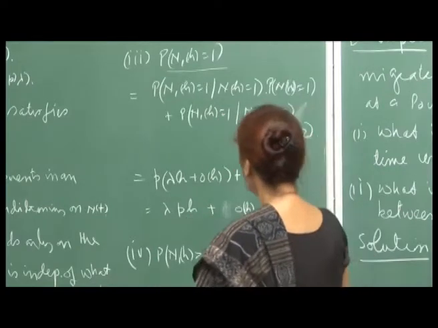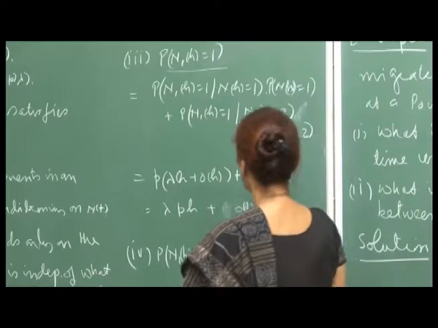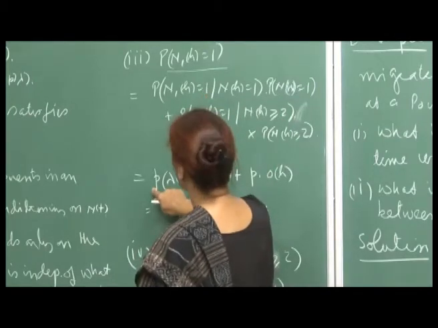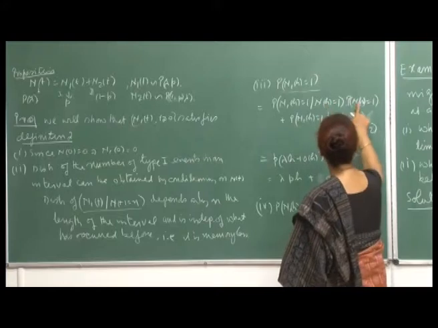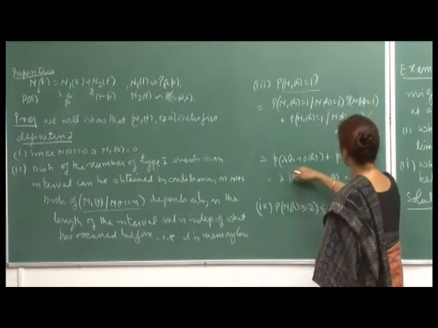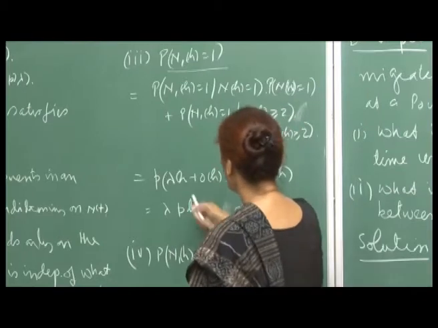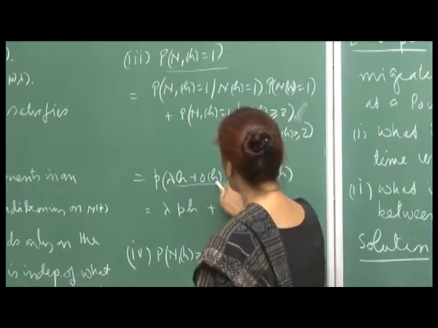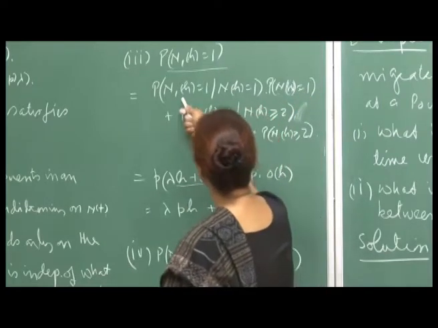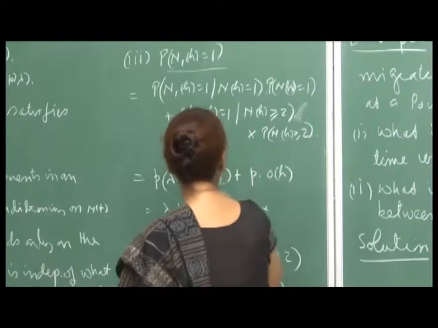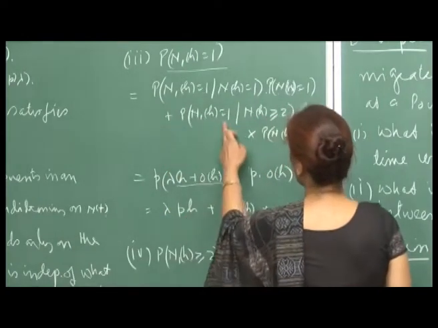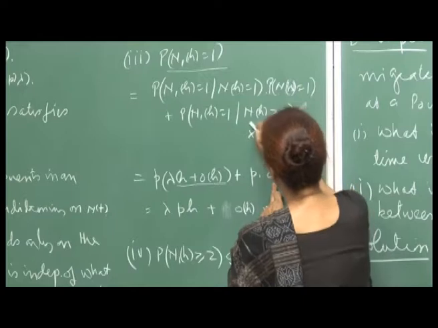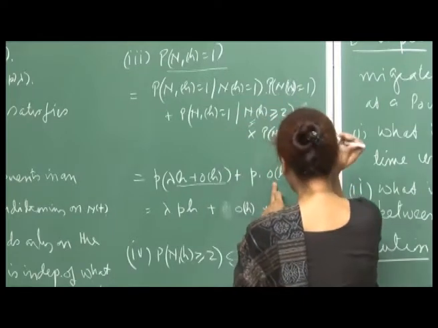I like the proof, because just by the basic definition of the process we are able to show this result. Here, the probability of N1(h) given one arrival is p, and then the probability N(h) equal to 1 is lambda h plus order h, because N is anyway a Poisson process, so it already satisfies the definition. Plus, the probability that N(h) is greater than or equal to 2 satisfies condition 4 also, so that is order h.